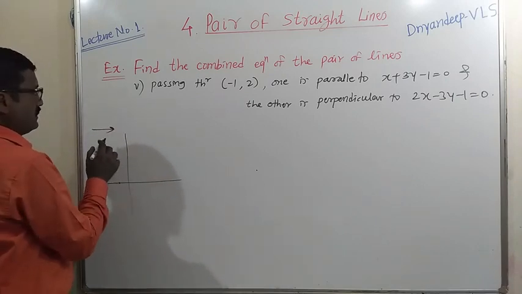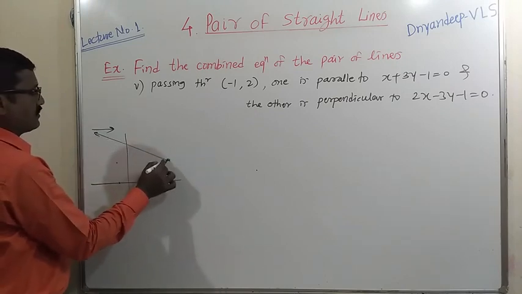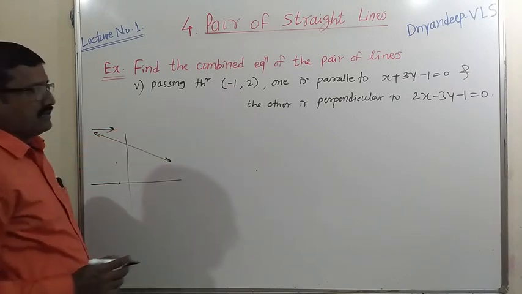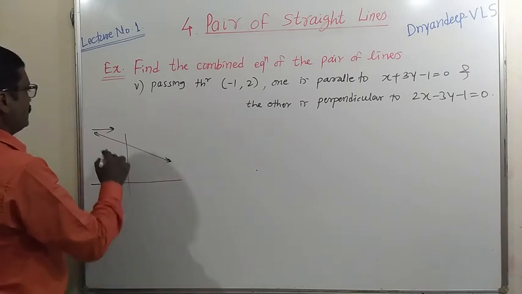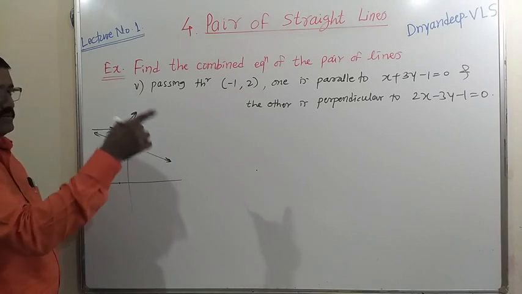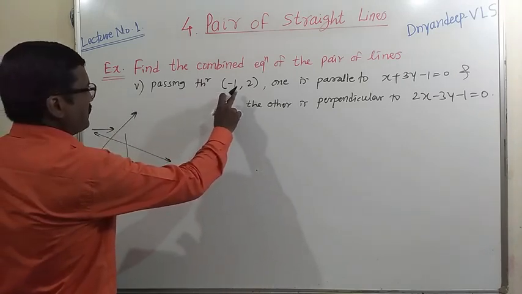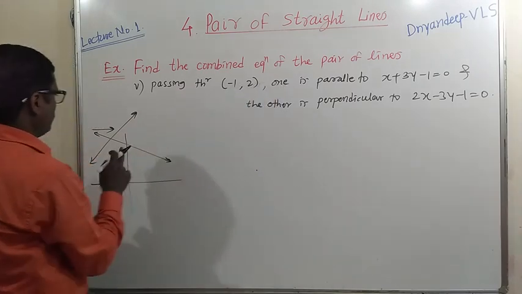Suppose that line is like this. We are not drawing the exact line, and the second line is like this, because both are not passing through the origin, and we have to find the equations of lines which are passing through this point and parallel to this one.